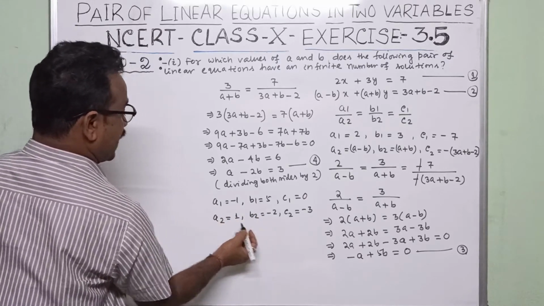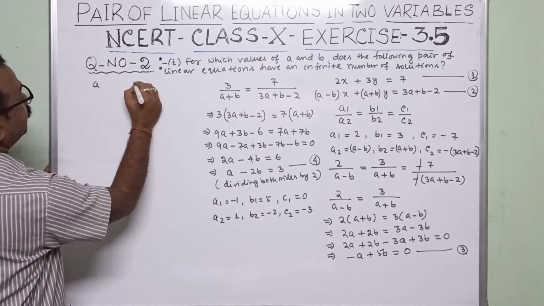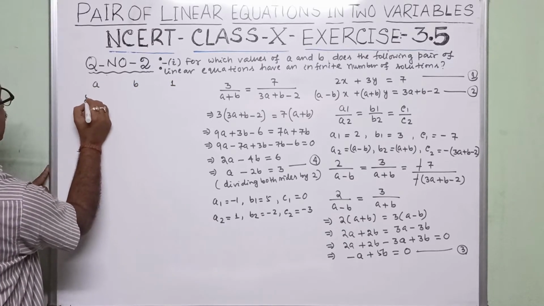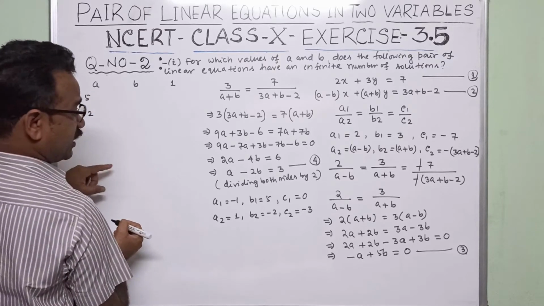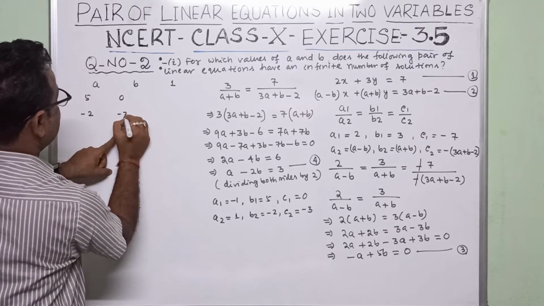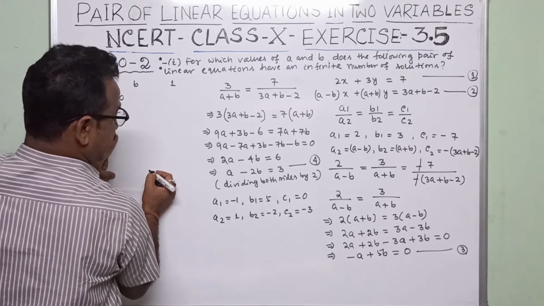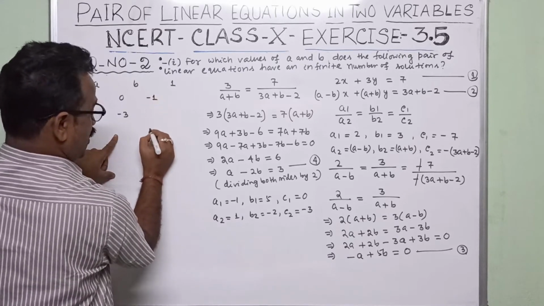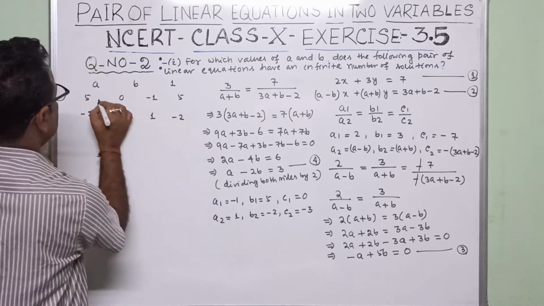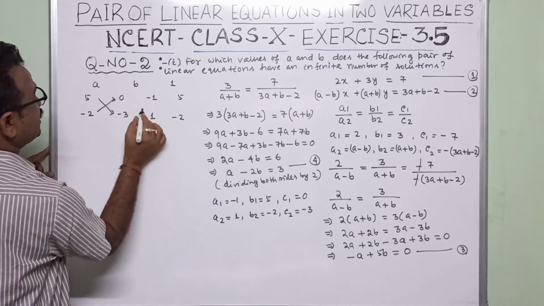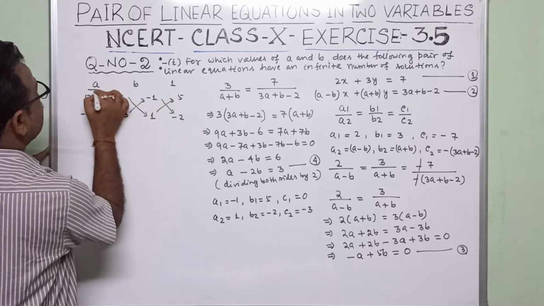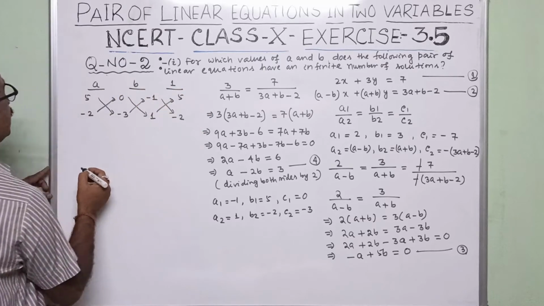B1, B2, 5, minus 2, then C, 0, minus 3, then A, minus 1, 1. Then here again B, 5, minus 2. So these are the cross multiplications.